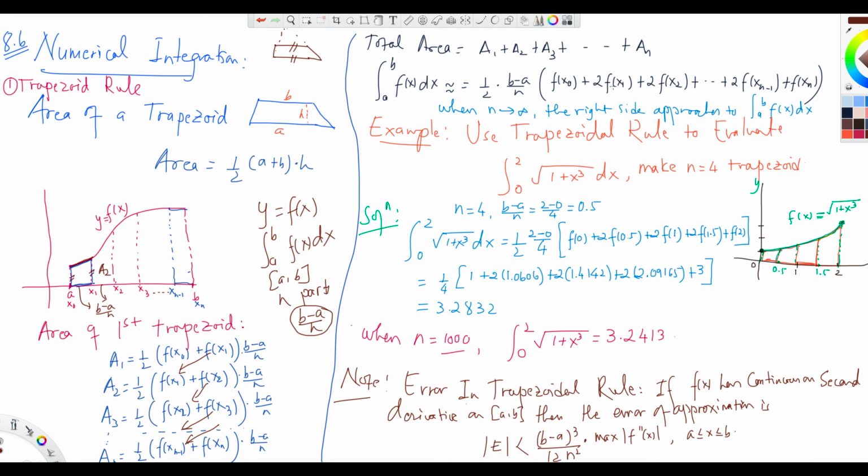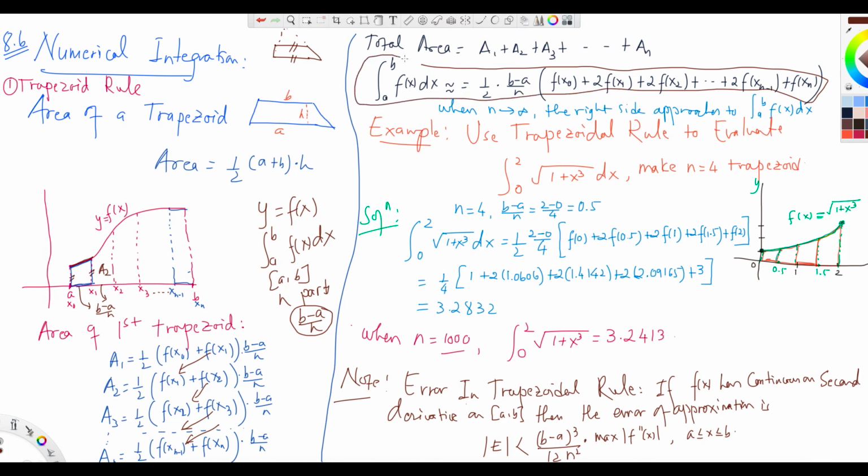f(x0) plus 2f(x1) plus 2f(x2) plus, and so on, up to 2f(x(n-1)), but the last one doesn't have any pair. The first one and last one don't have any pair. So this is the formula for the trapezoid rule. You see that?